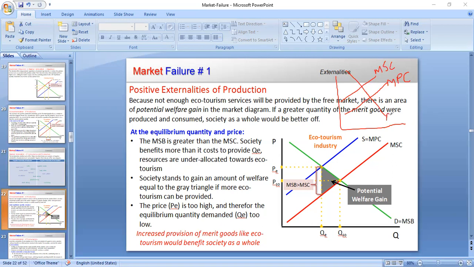Then this one will be the marginal social benefit curve. Remember we saw that the demand curve stands for marginal benefit. So this one will be the marginal social benefit. And then from there, you determine the point of equilibrium where the marginal social benefit meets the marginal social cost. That will be the point of optimal efficiency, or the point of allocative efficiency.